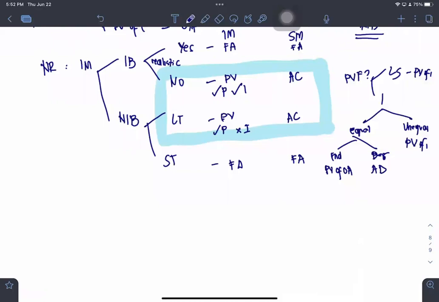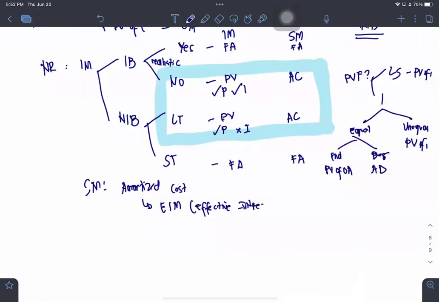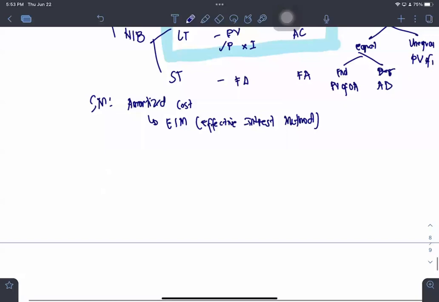Now let's go to your subsequent measurement. We have mentioned the subsequent measurement as amortized cost. In your amortized cost, we are using your effective interest method, EIM. And how does your effective interest method work? Under effective interest method, we have this formula.